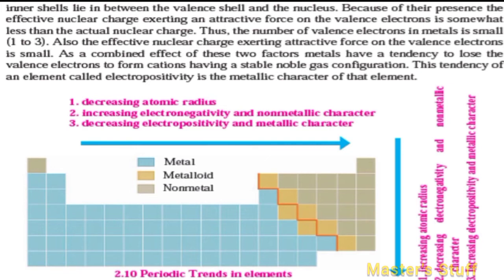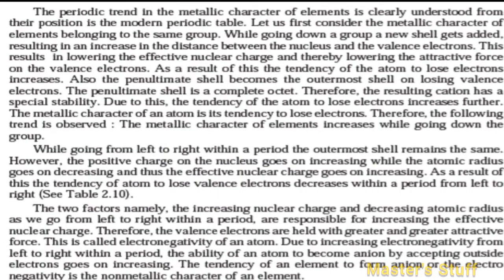The periodic trend of metallic character of elements is clearly understood from their position in the modern periodic table. As a new shell gets added as we go down the group, the effective nuclear charge goes on decreasing, which helps in the increase of metallic character down the group.